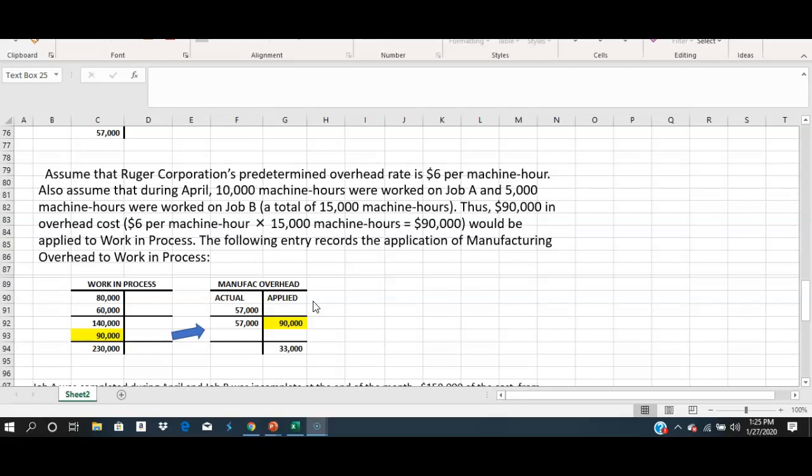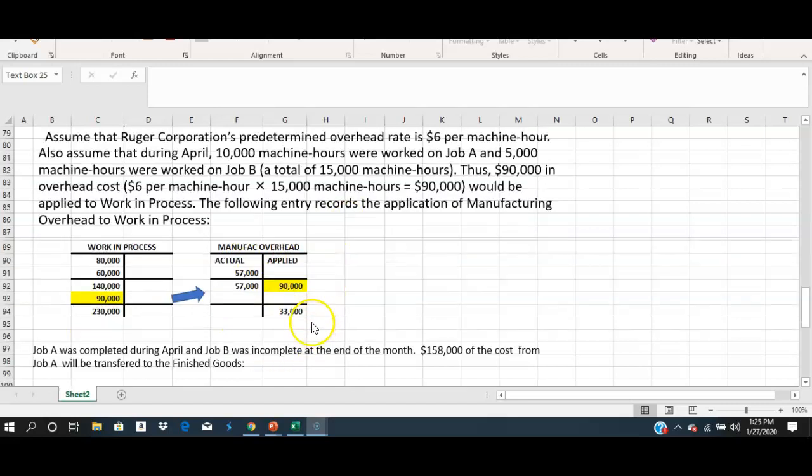So in essence, notice that for the overhead account, what we see right now is that we have assigned or applied $33,000 more in overhead than the actual overhead cost that has been incurred. Now, what happens is that there are going to be some other actual overhead costs that we haven't covered just yet.